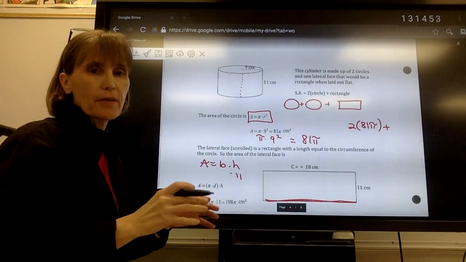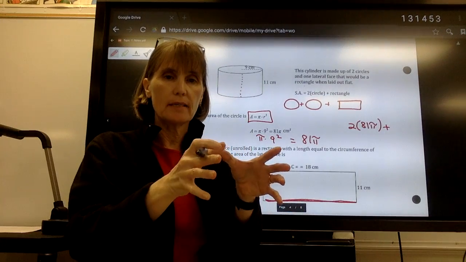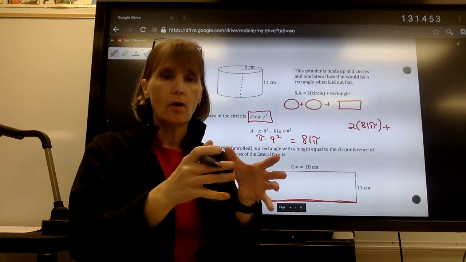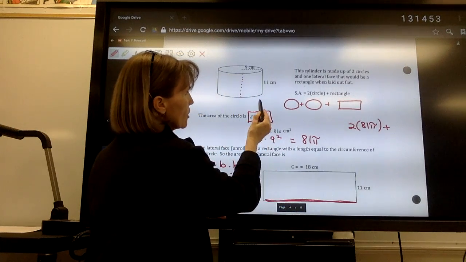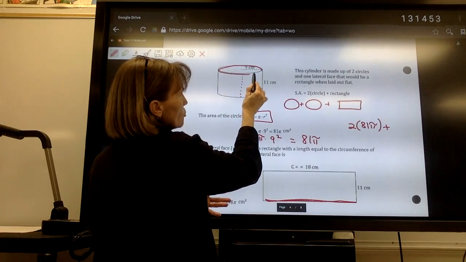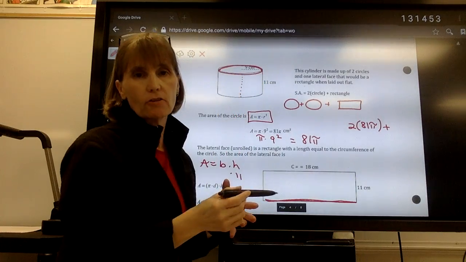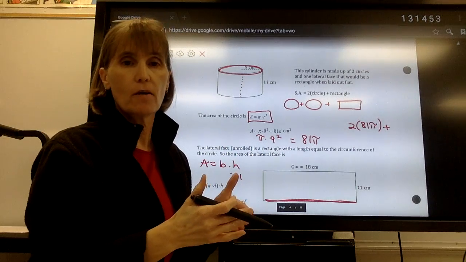But if you think about that, if you take that rectangle and you turn it back into that can, that cylinder, what is this distance covering? That distance is actually covering the outside of the circle. And what was the outside of that circle called? That was called the circumference.